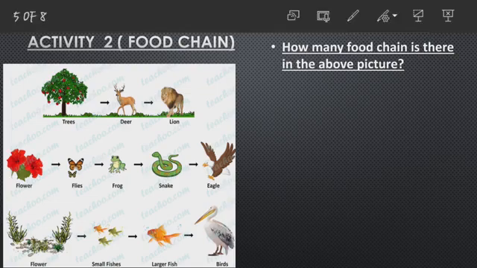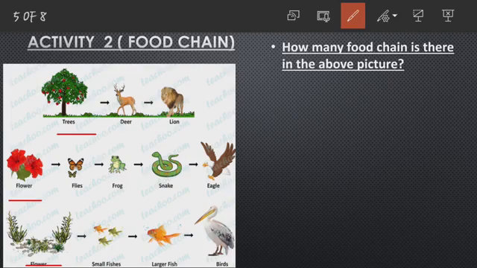How many food chains are there in this picture? Let us see. Here, we have a tree, which is a plant. We have a flower and we have a flower. All these are plants, are producers.